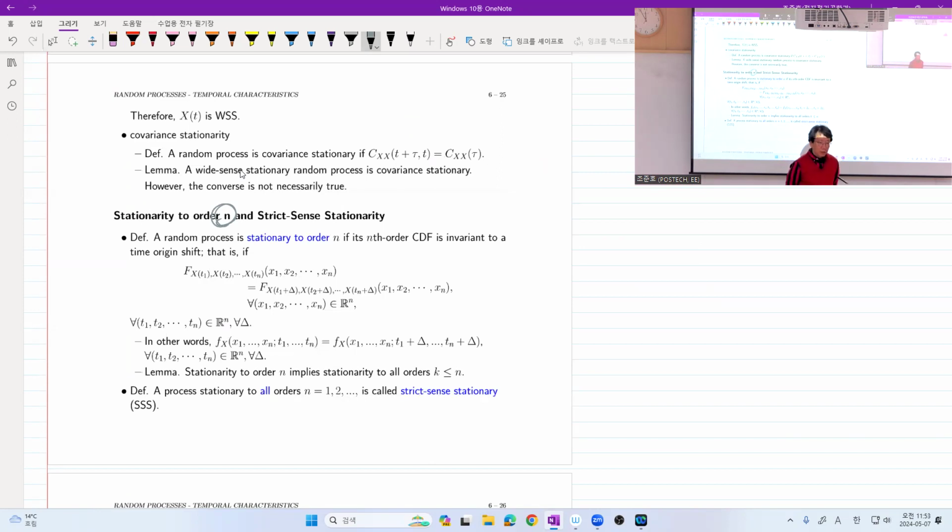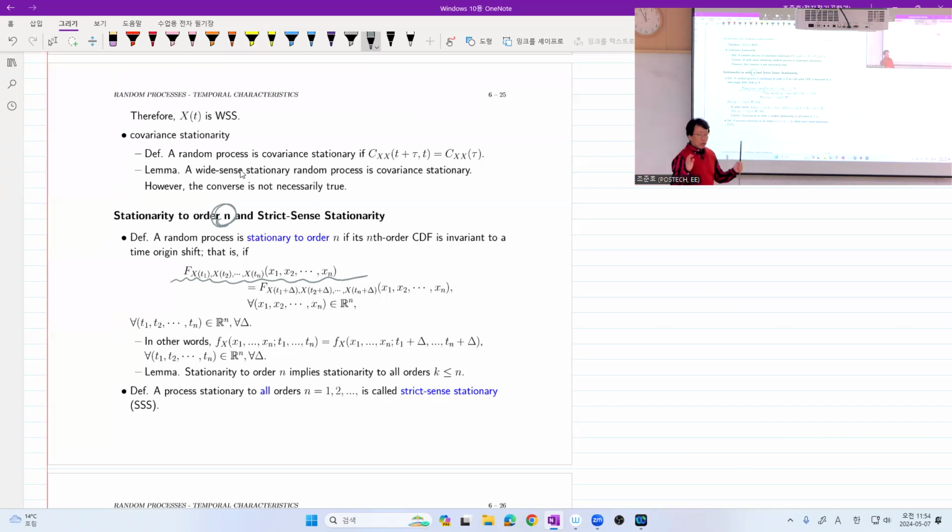So let me just jump to nth order stationarity, stationary to order n. So 1, 2, and many, right? And this starts from the nth order joint CDF of the random process. So the left-hand side is simply the nth order joint CDF, where you have chosen T1 through Tn from any point in the n-dimensional space R to the n. Each point represents the n sampling instants, and you have the nth order CDF.